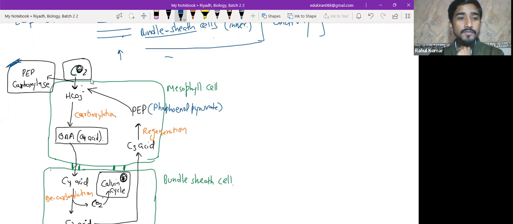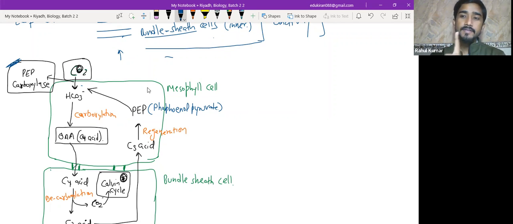And fixation of CO2 happens by the carboxylation of PEP in the mesophyll cell, to form OAA, oxaloacetic acid, which is a 4-carbon acid.